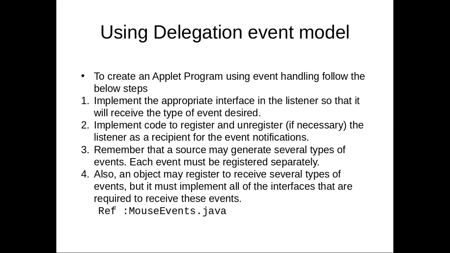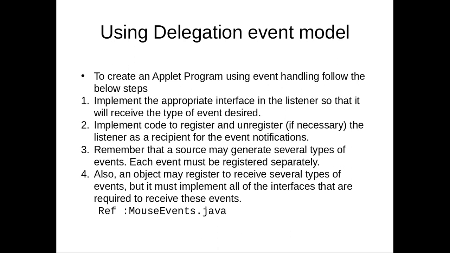Using the delegation event model to create an applet program with event handling, follow these steps. Implement the appropriate interface in the listener so that it will receive the type of event desired. Implement code to register and unregister the listener as a recipient for the event notifications.